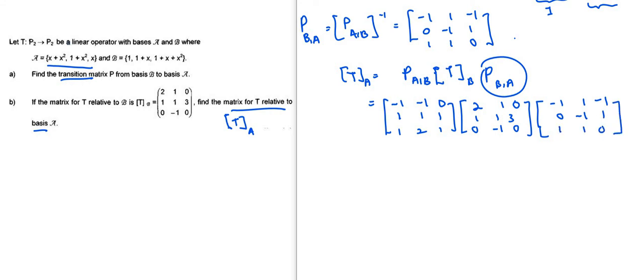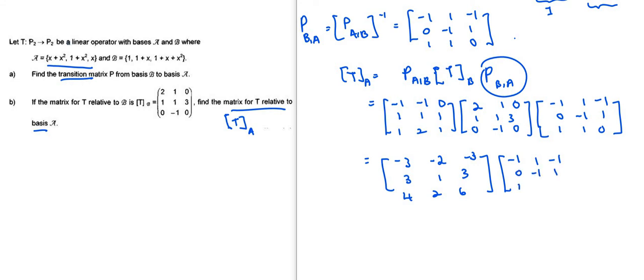So the normal process, we do matrix multiplication. Be careful when you do matrix multiplication, because normally we tend to make careless mistakes.